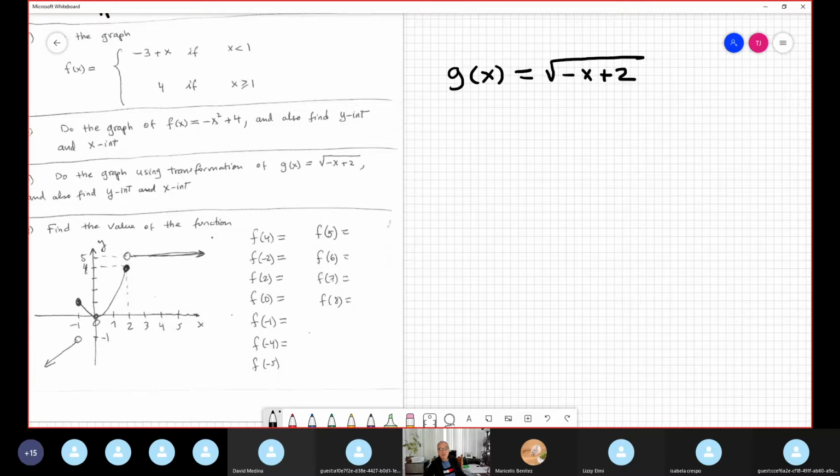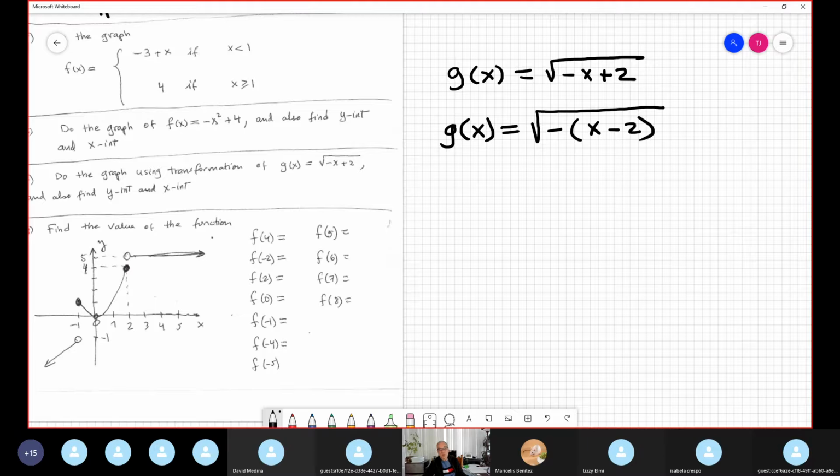And it's the typical example in which you need to do some algebra to understand the transformation because it's confusing. The recommendation is you factor out -1 here. Open the parentheses, you have x minus 2.